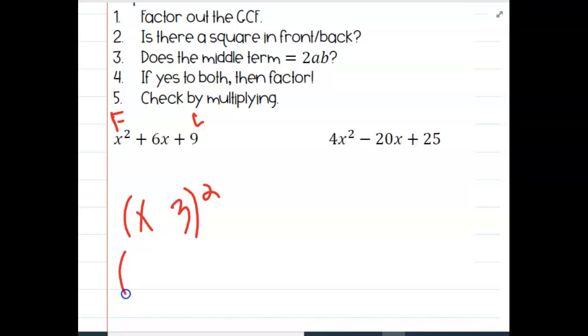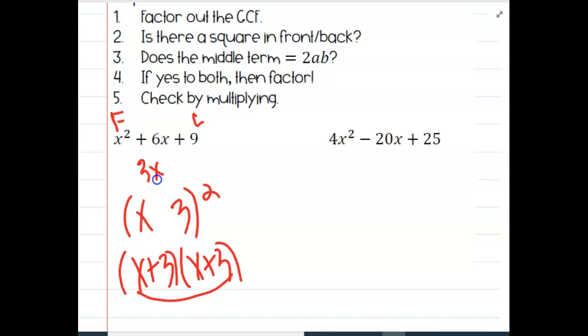If I were to multiply this out and take x plus 3 times x plus 3, the O would be x times 3, which is 3x. And remember the I? Same thing. Always going to be the same thing. So what we're going to do is take x times 3.